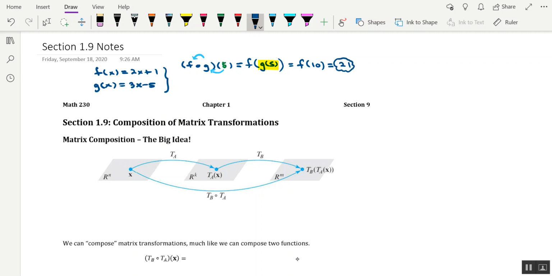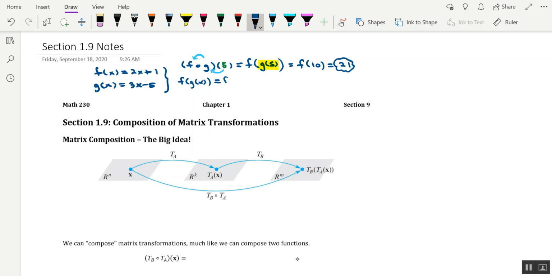You're probably aware that there's a different way to arrive at the output of 21 with an input of 5. We could do a little bit of scratch work beforehand by first figuring out what the function looks like if I were to just plug the expression for g of x into the function f of x.